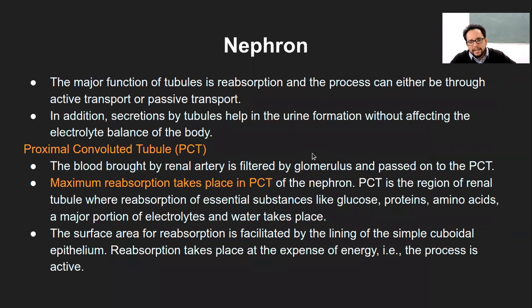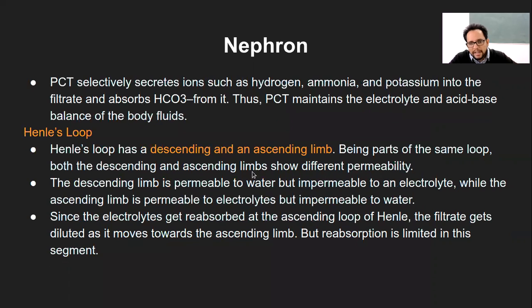So the descending and the ascending limb of the Henle's loop, being part of the same loop, both show different permeability. Different permeability means they show difference in terms of what they absorb and what they let go of.